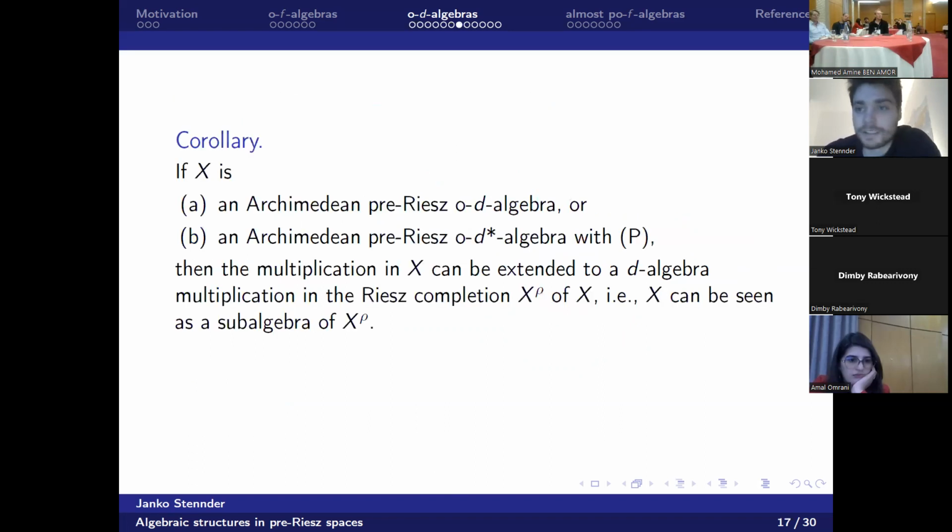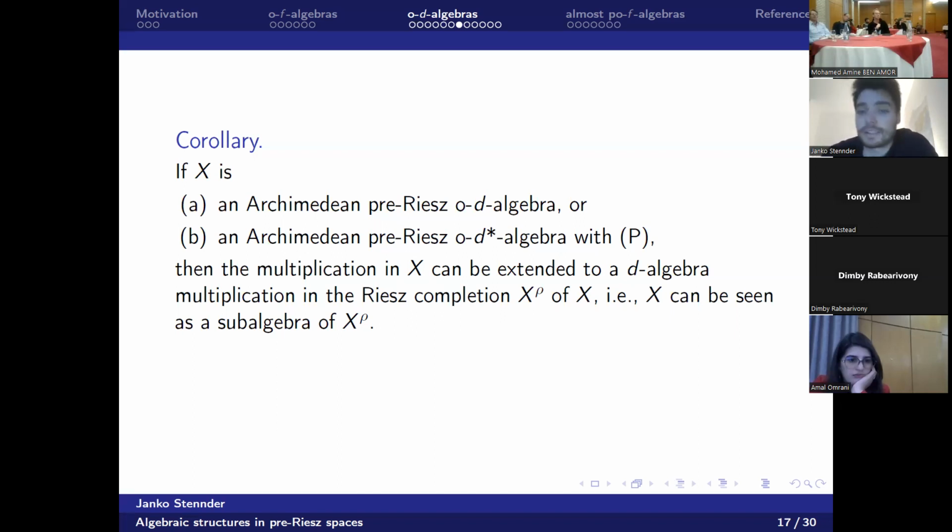And from the extension theorem I just showed you, we can already get an easy corollary, namely that if X is an Archimedean pre-Riesz OD algebra or an Archimedean pre-Riesz OD star algebra with this property P, then the multiplication can be extended to a D algebra multiplication in the Riesz completion.